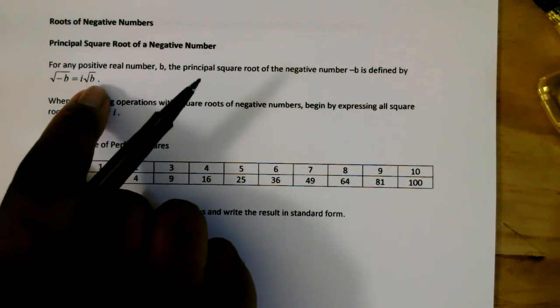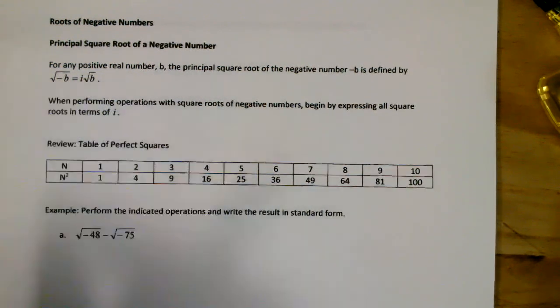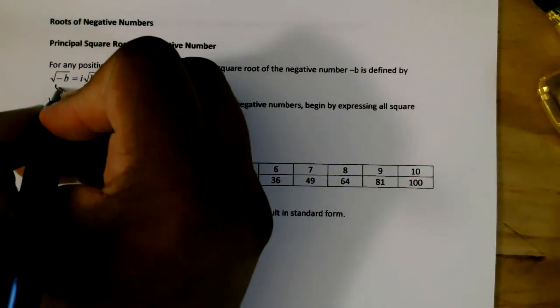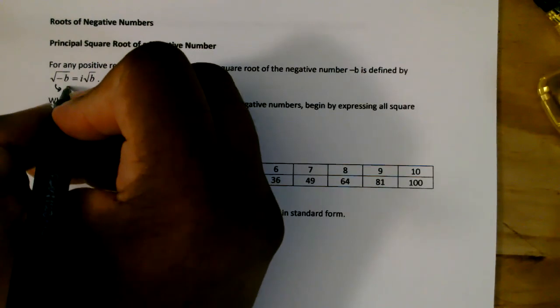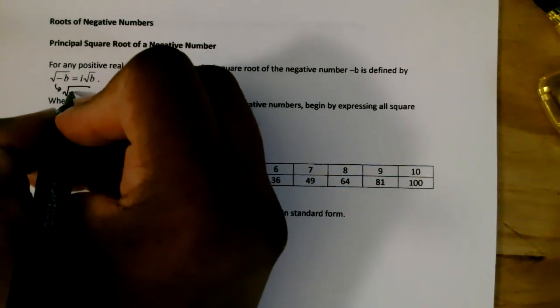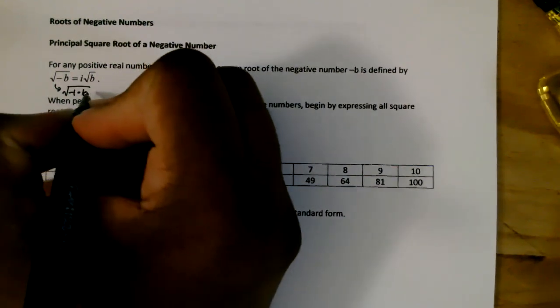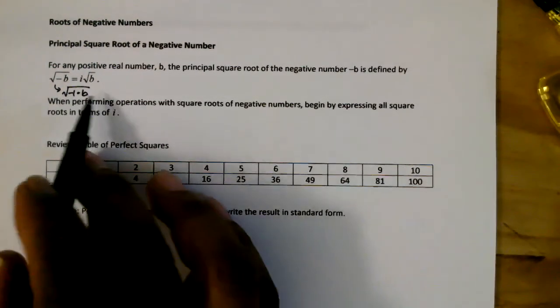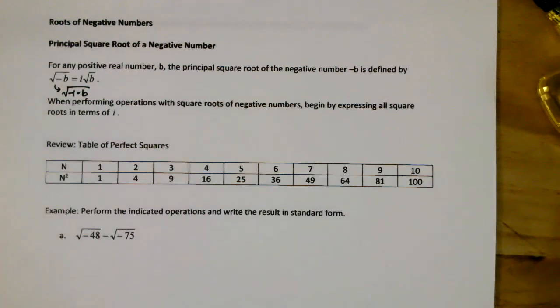And it's always going to be that because in negative b, there is a negative 1 in it. So I can break negative b underneath the radical as the square root of negative 1 times b. And the square root of negative 1 will be i, and the square root of b will just be the square root of b.